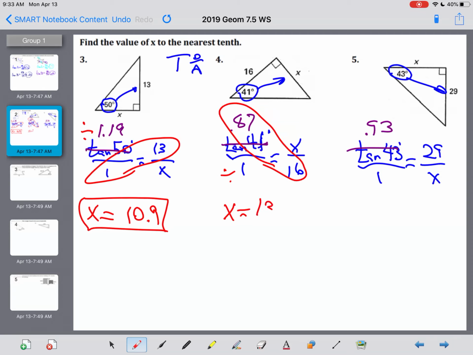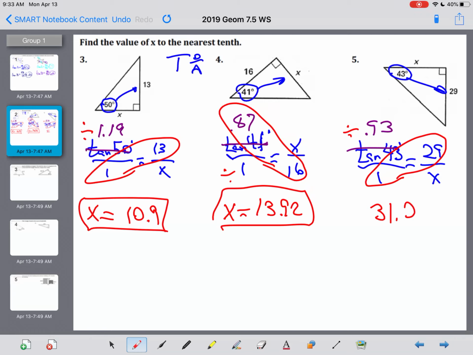X equals 13.92, which makes sense looking at these problems and triangles. This one, we're going to get 1 times 29 divided by 0.93 is going to be 31.2 for x, which does make sense. Alrighty.